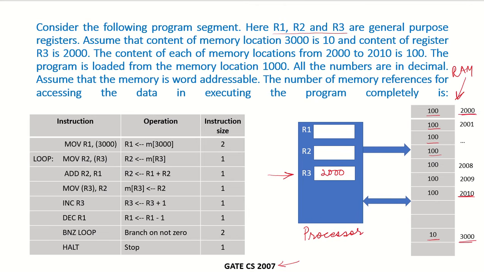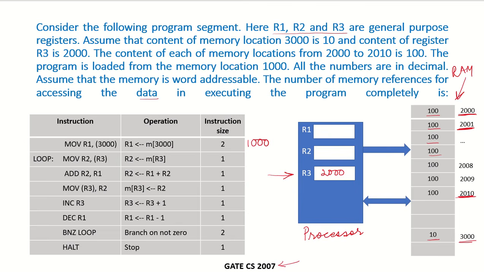So that means each memory location is actually specifying a word, and this program is starting at memory address 1000. So the first instruction is available at memory address 1000. The number of memory references for accessing the data in executing the program completely is what? So this is what we have to figure out.